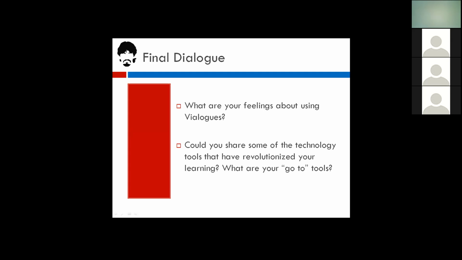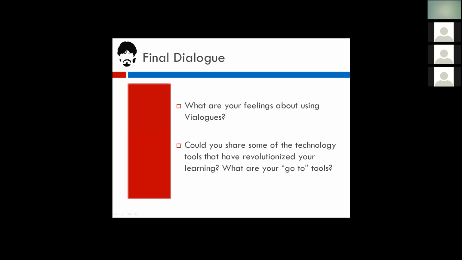Good. And the last question, this is a share-out kind of thing, because I think we're all really interested in what people are using these days. What are some of the go-to tools that you're using that are really making your job or your life a lot easier right now? If you could just share in the chat box or talk about them. Trello, okay. Trello I'm familiar with. Google Apps, Google Drive, Snagit. Okay, Google Apps. I'm using Google Docs a lot.